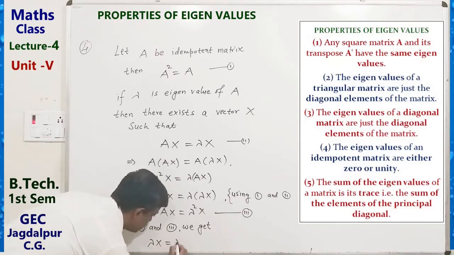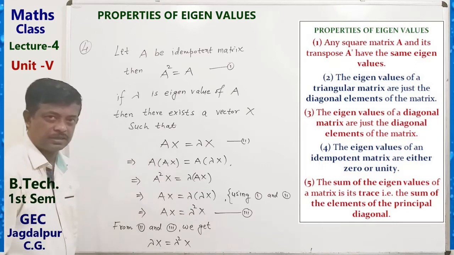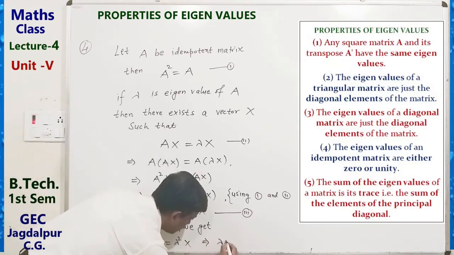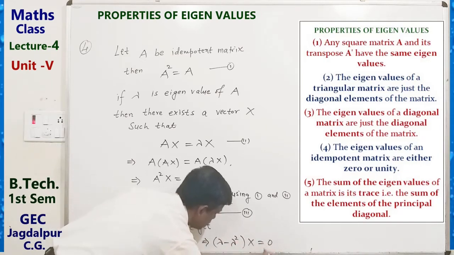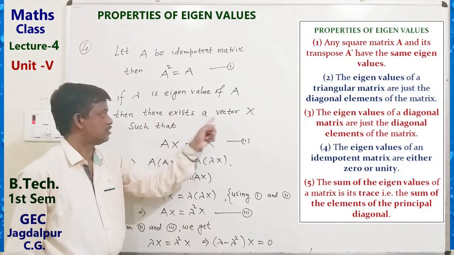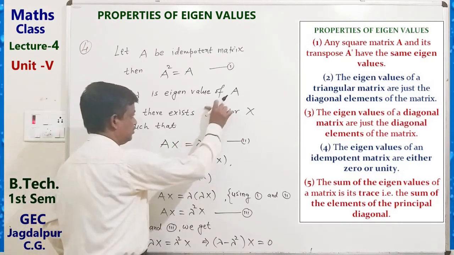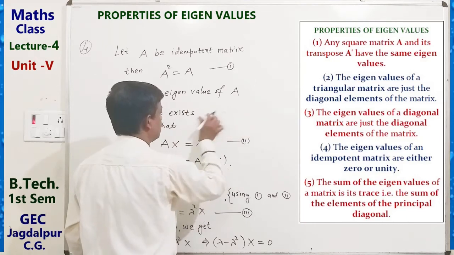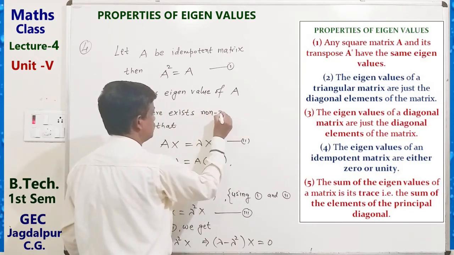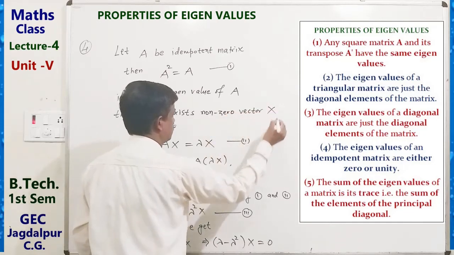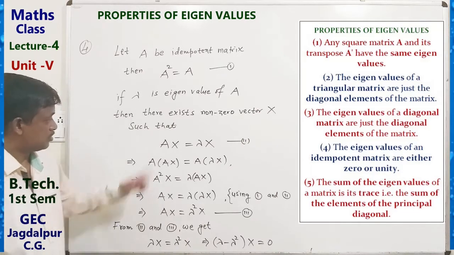Just transferring, we can get lambda minus lambda square times x equals 0. Here x is a non-zero vector, since a non-zero solution will exist.